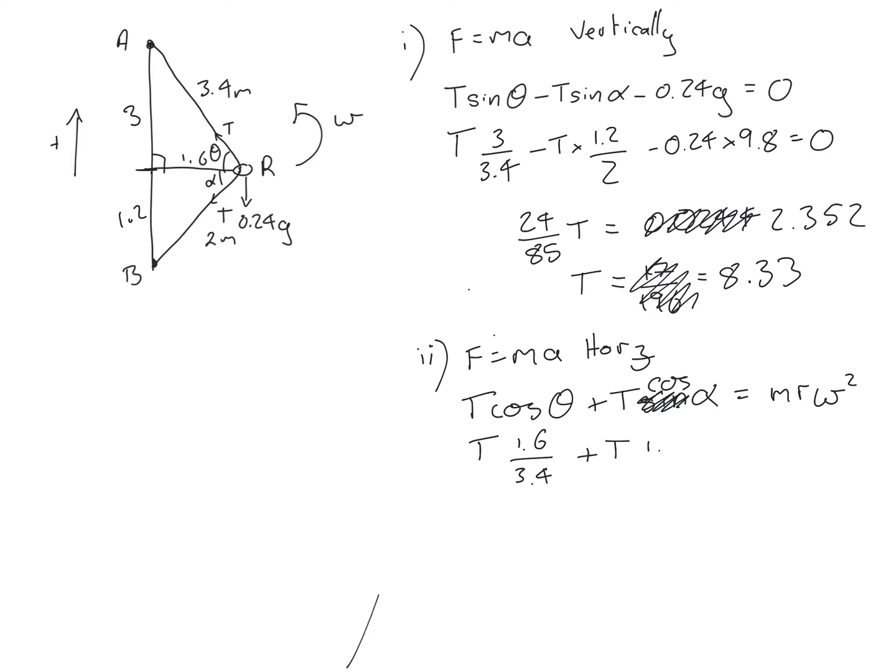Notice how the cosines and sines usually go together, and it's a way of just double checking that you're on the right track. So cos is 1.6 over 2 equals the mass, which is 0.24, times the radius, which is there, times omega squared. Okay, T is 8.3.